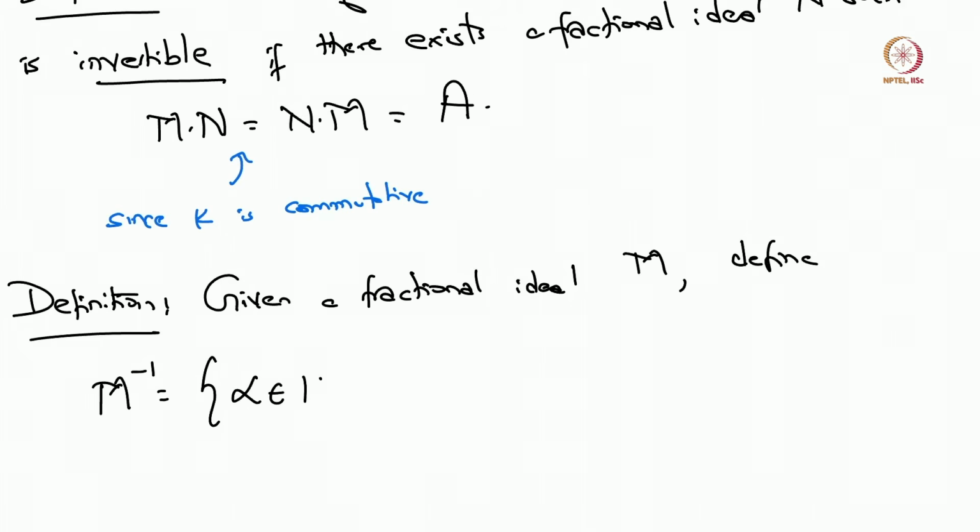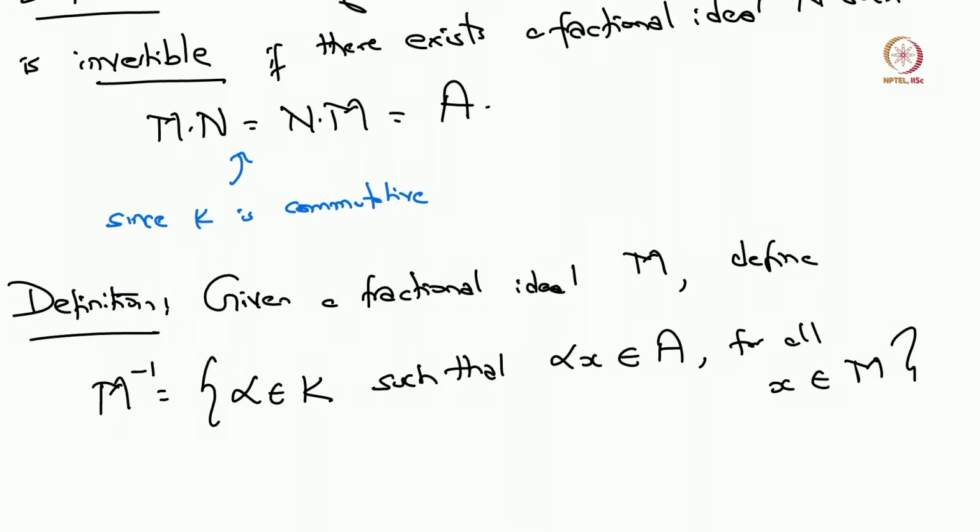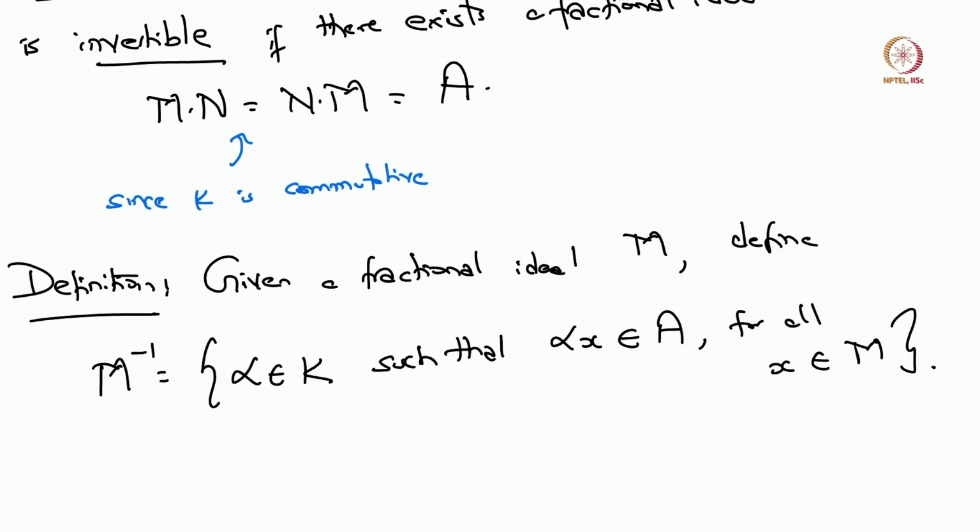So it's all the elements alpha in the fraction field with the property that alpha times x belongs to A, and this is true for all x in M. Okay, so it's just a definition of a set right now.